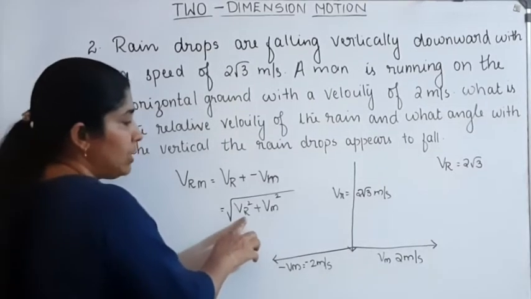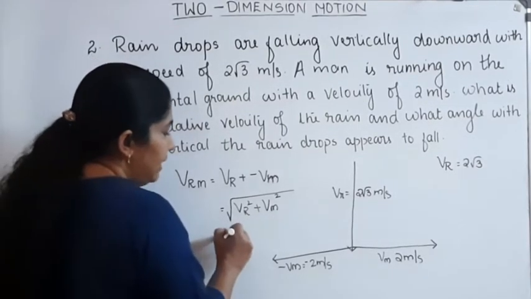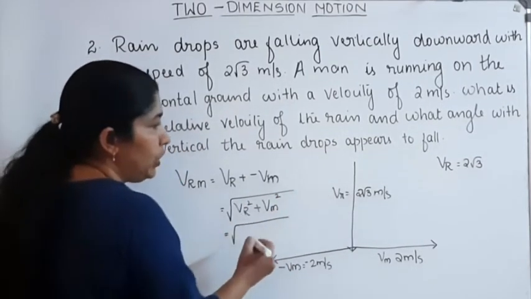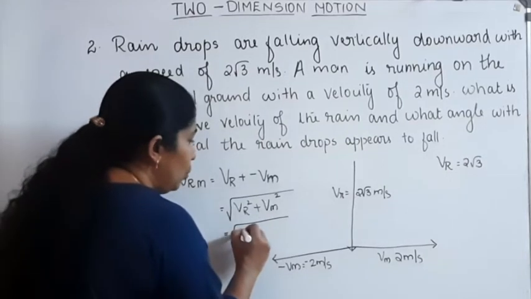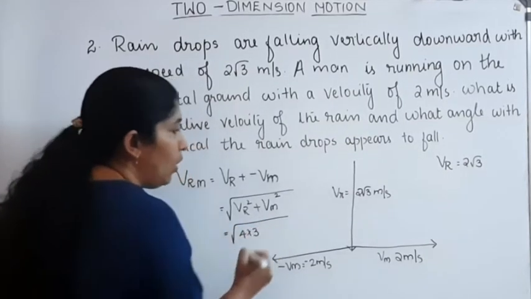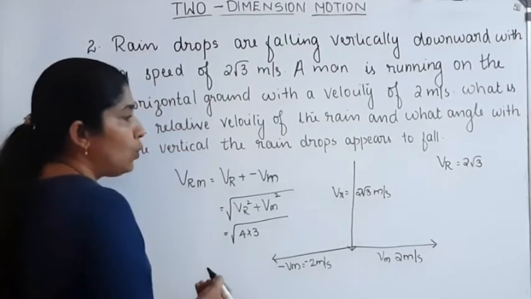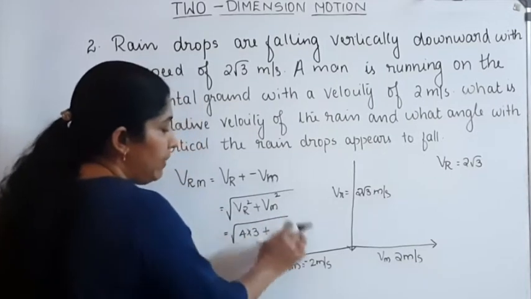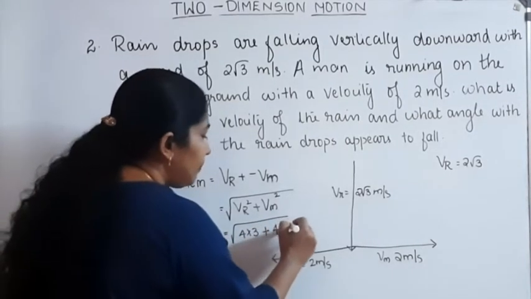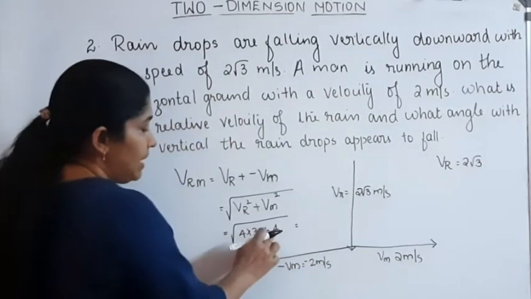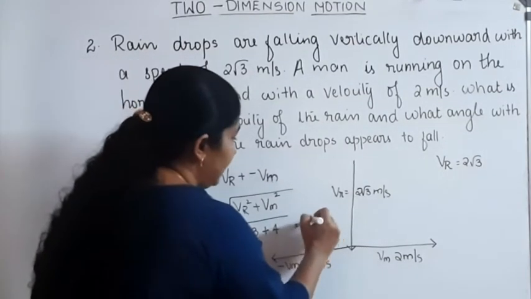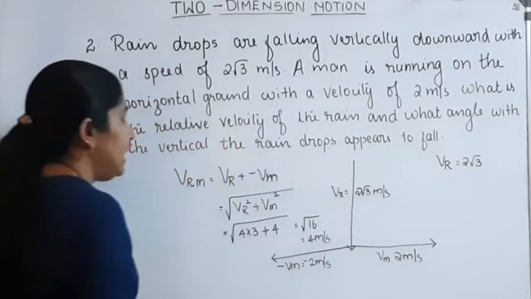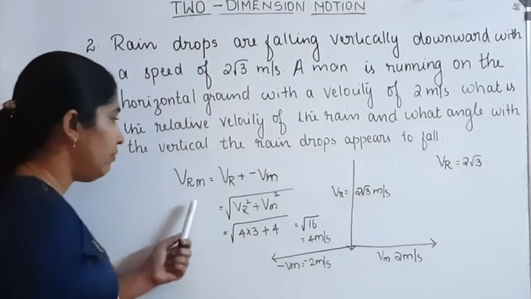Then root of Vr square plus Vm square is root of (2 root 3) whole square plus Vm square. 2 root 3 whole square is 2 square, 4, into root 3 square, 3, so 4 into 3 plus Vm square, which is 4. That is 12 plus 4, equal to 16, root 16 is equal to 4 meter per second. 4 meter per second is the relative velocity of rain with respect to man.